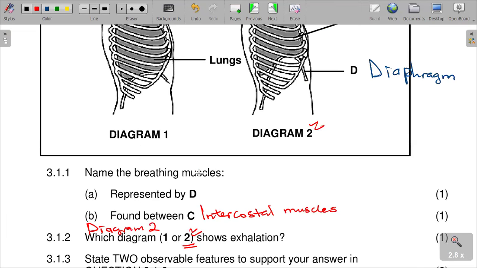Diagram 2 shows exhalation. Reason 1, the diaphragm is relaxed in B and therefore restores its original dome shape.